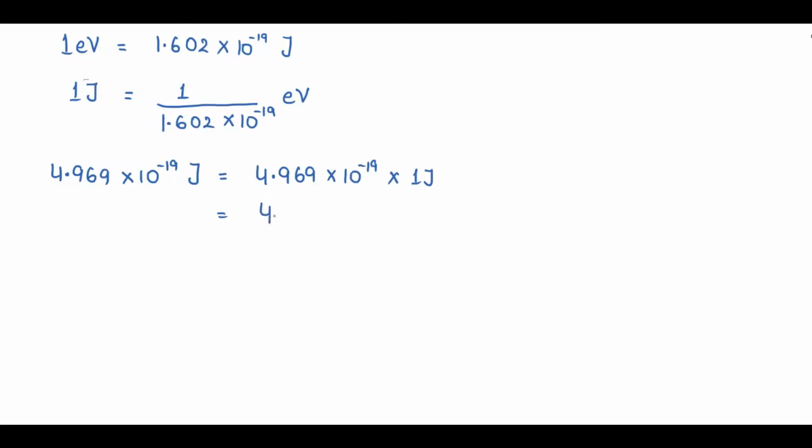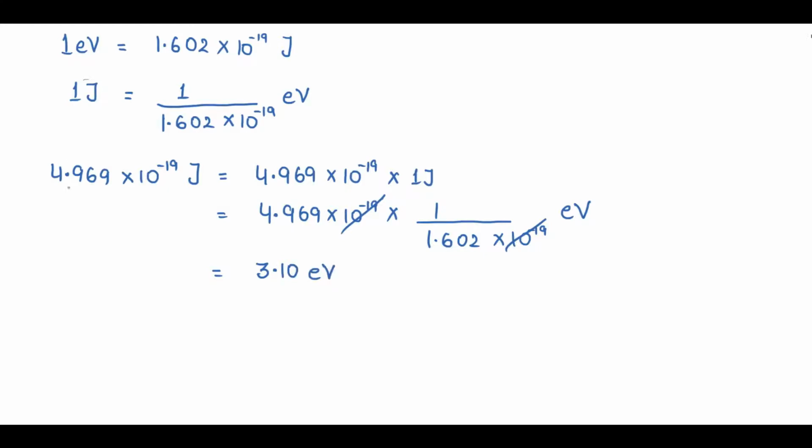So it will be 4.969 × 10^-19 into 1 by 1.602 × 10^-19, and the unit is electron volt. I'll cancel this value with this. So when you divide 4.969 by 1.602, your answer will be 3.10 electron volt. That means 4.969 × 10^-19 joule is equal to 3.10 electron volt, right?